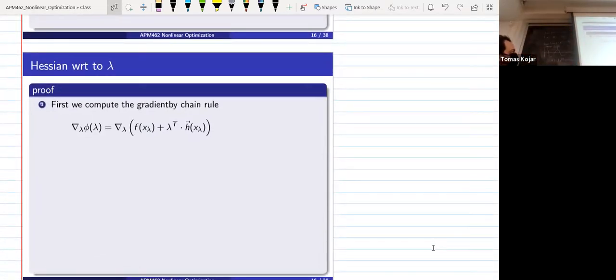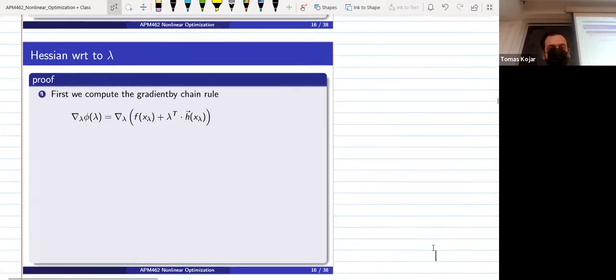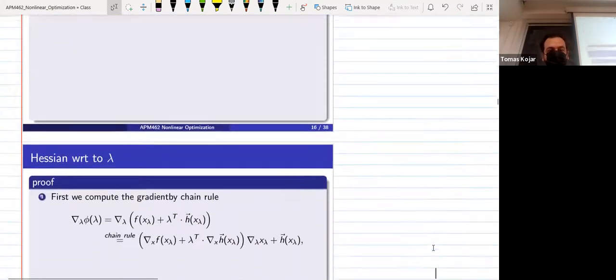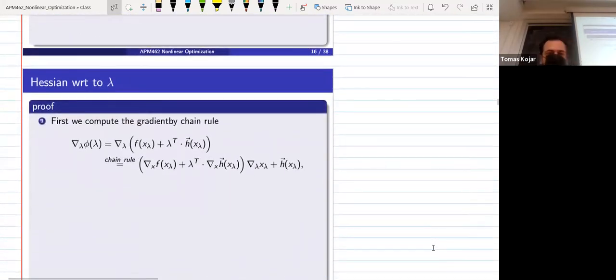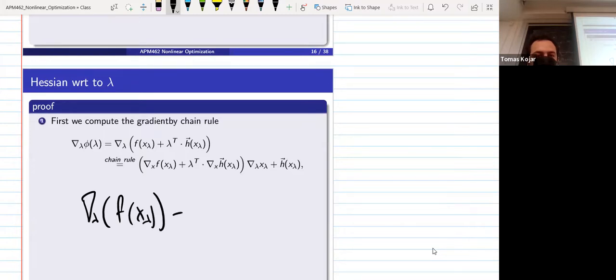So I use the product rule. What happened here? The gradient of f of x of lambda is equal to the gradient of f of x times the gradient of x of lambda. Is that okay?